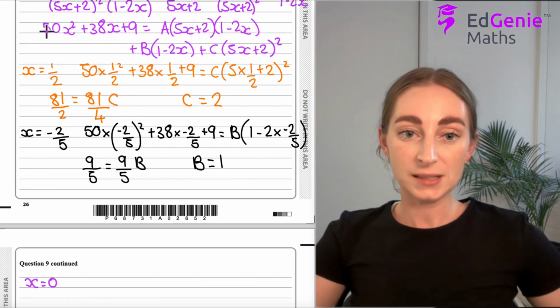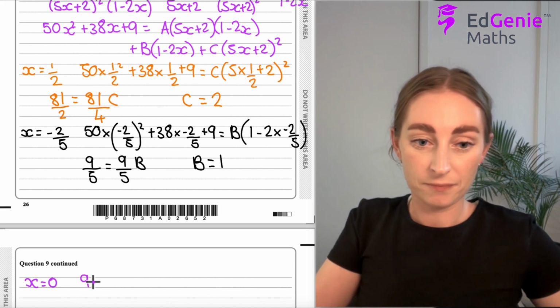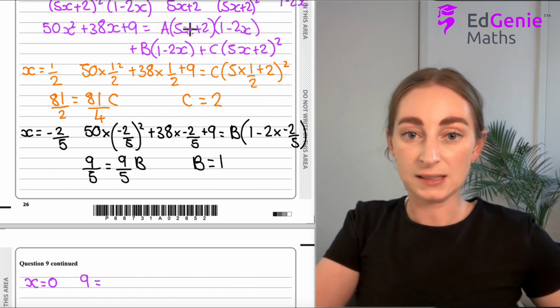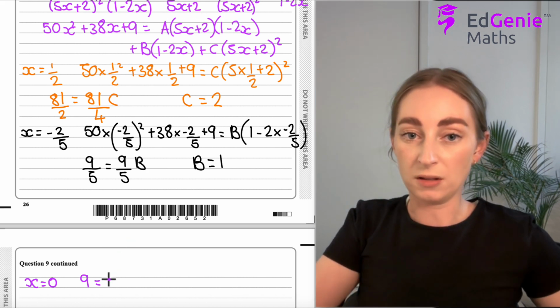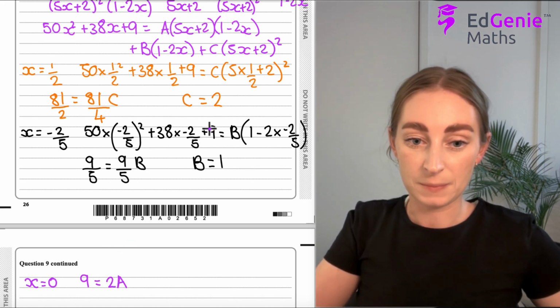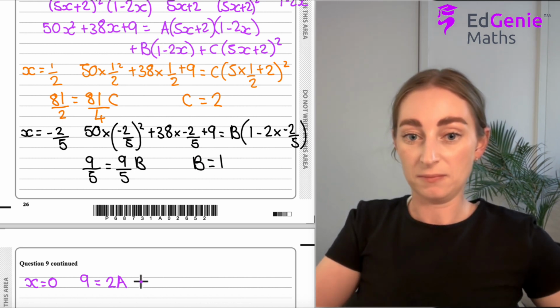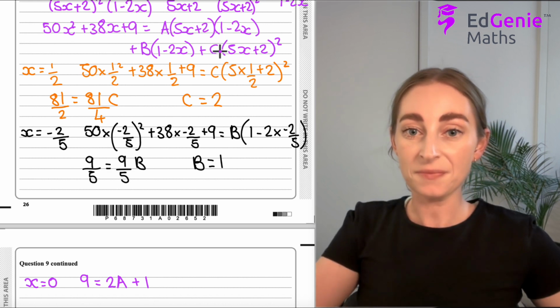So this side of the equation, 0, 0, 9. Here, 5x, that's 0. So we've got A times 2 times 1. So we've got 2A. Here, B times 1. B is 1. 1 times 1 is 1.